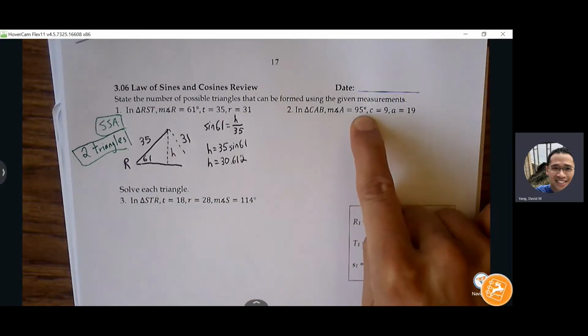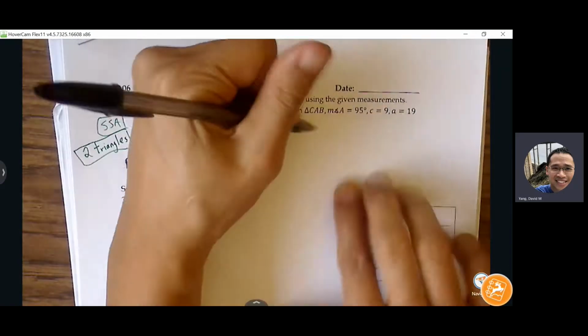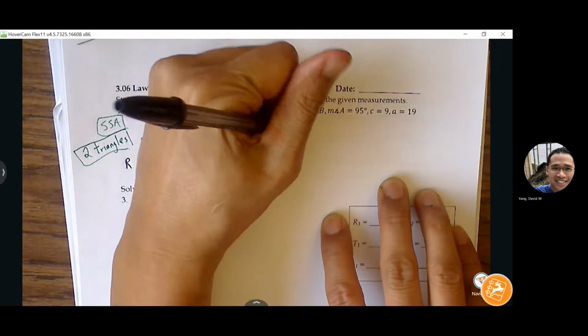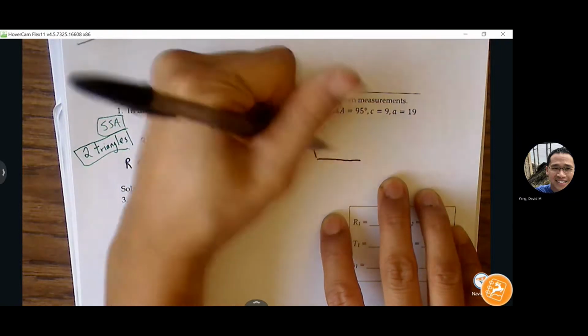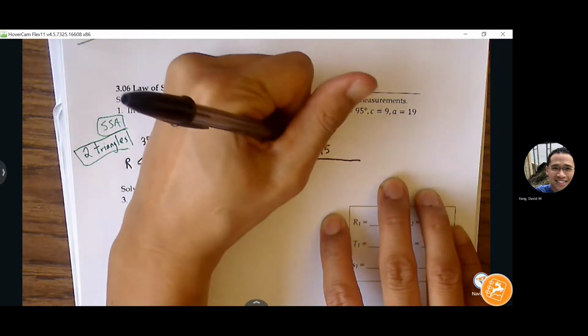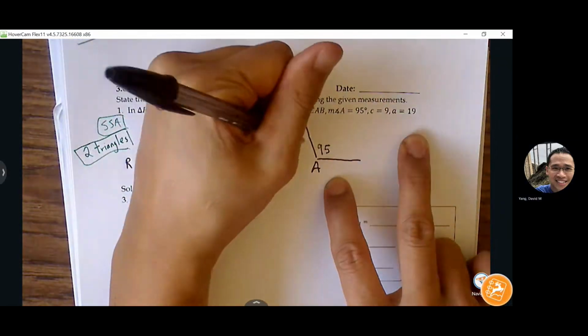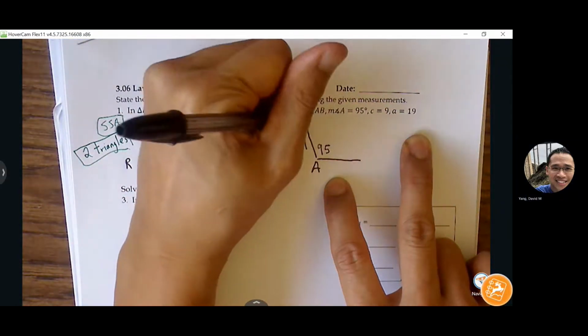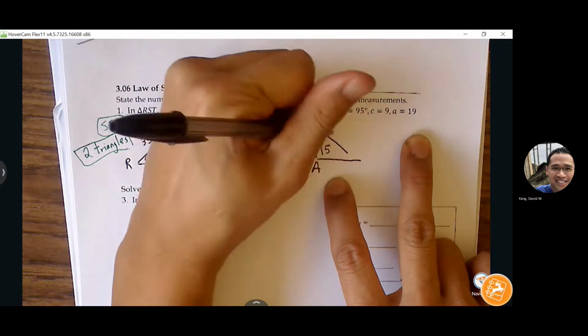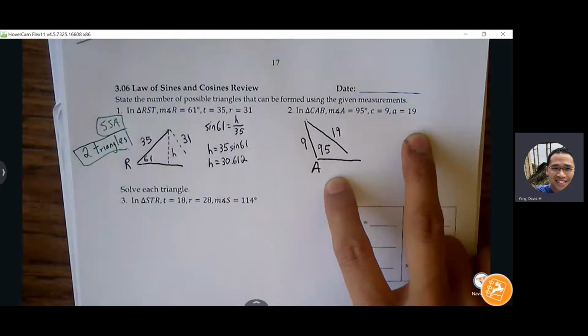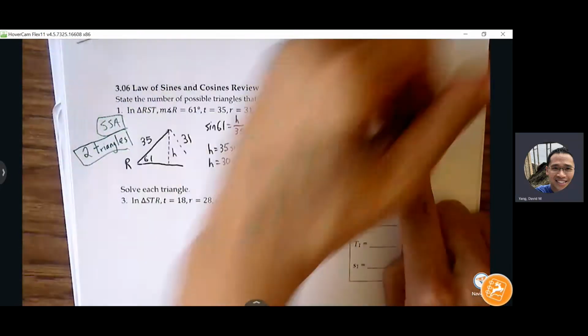95 degrees. This is going to be obtuse. Now, this is also what?